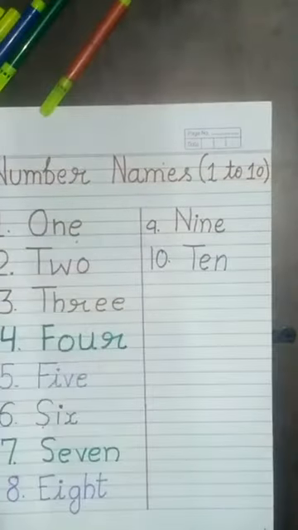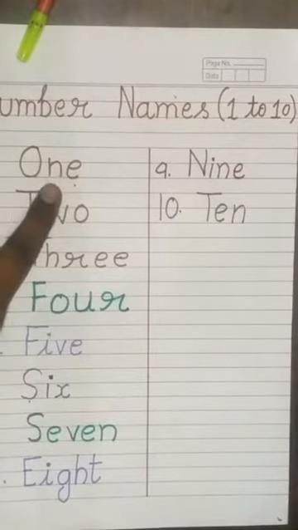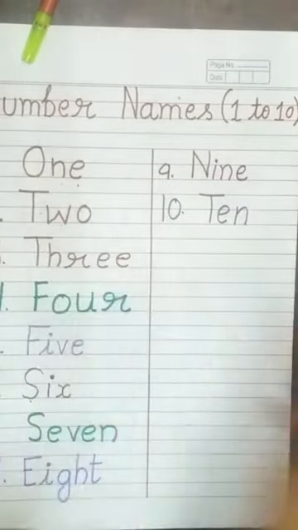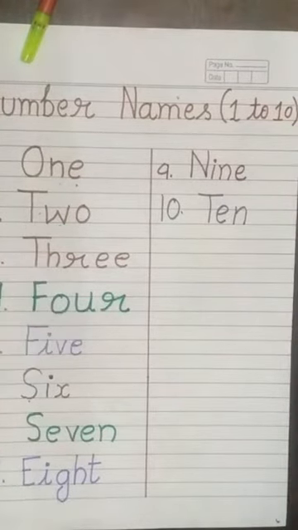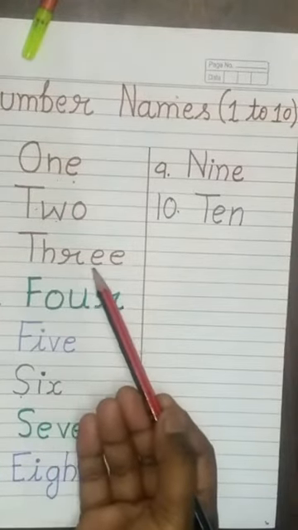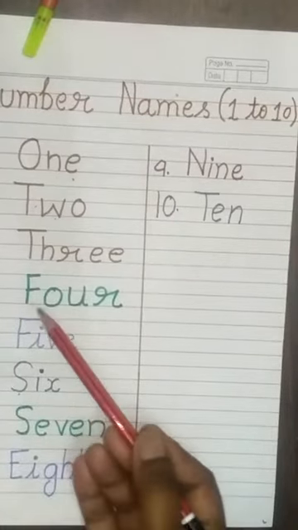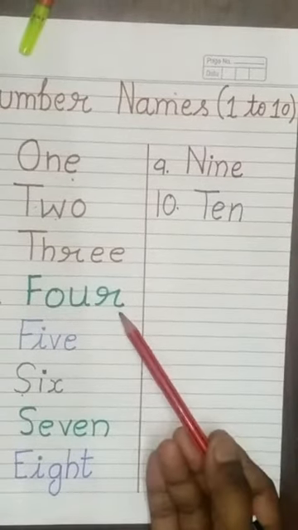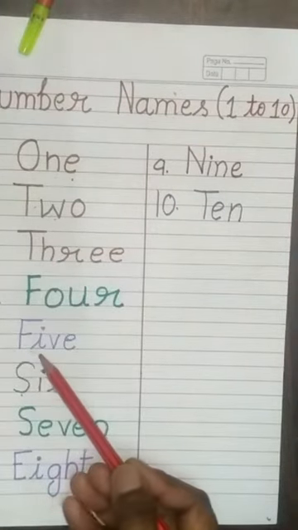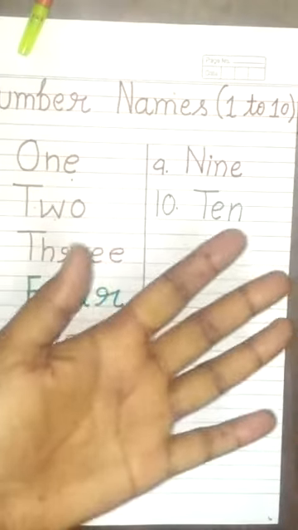So now repeat with me again. O N E, 1. T W O, 2. 2 means do. T H R double E, 3. 3 means teen. F O U R, 4. 4 means char. F I V E, 5.